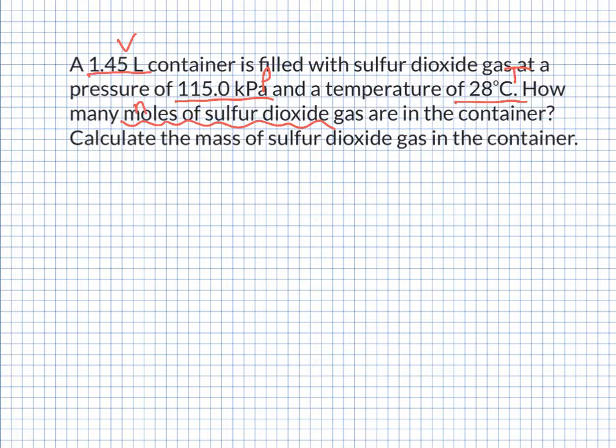That's your n. You will notice I only have one volume and one pressure and one temperature, so there is no change in conditions. That's different than all of the other problems we've done so far. So we've got a P, we have a V, we have a T. R is a constant, we're being asked for n.